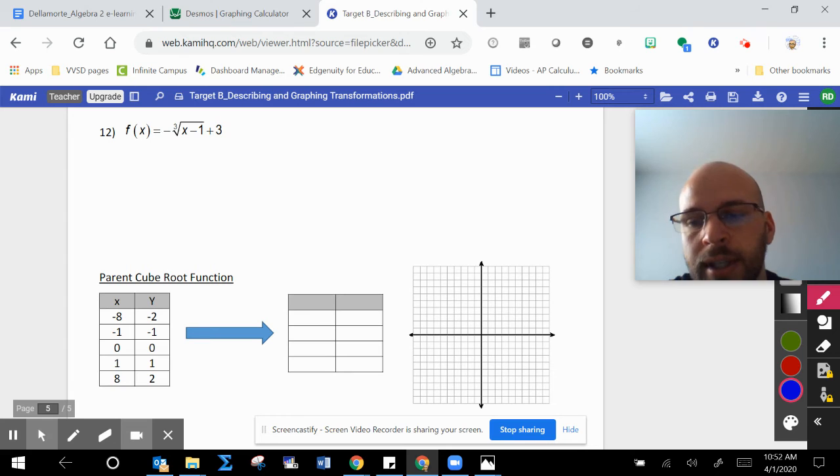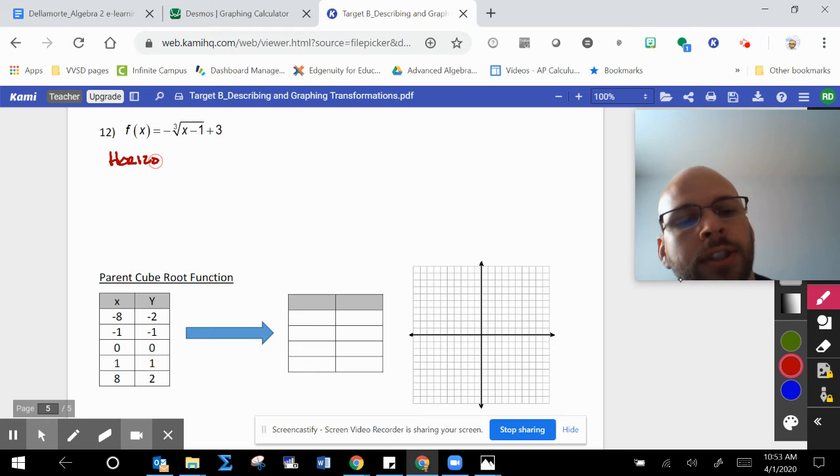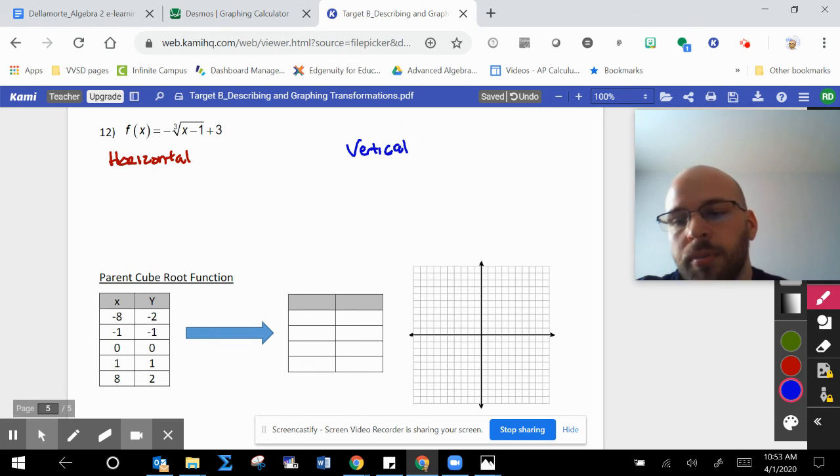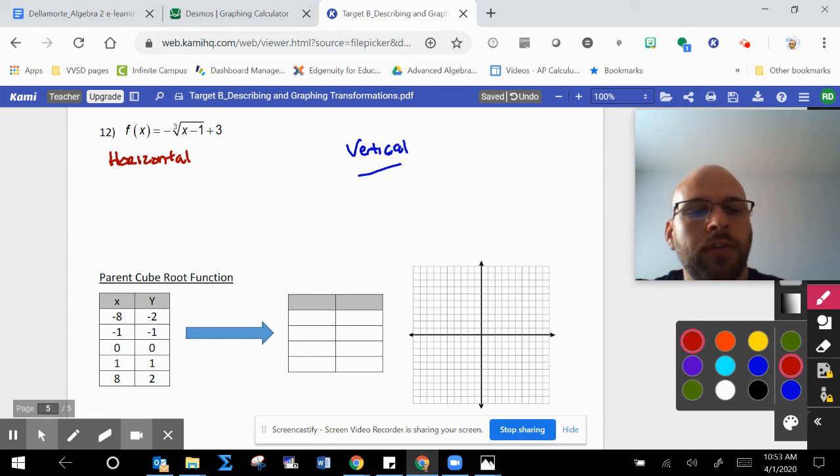And I have a set of both horizontal and vertical changes that need to take place. So I want to separate them just so you can see the difference. I have horizontal transformations and I have vertical transformations. Okay, so let's see what we have here.